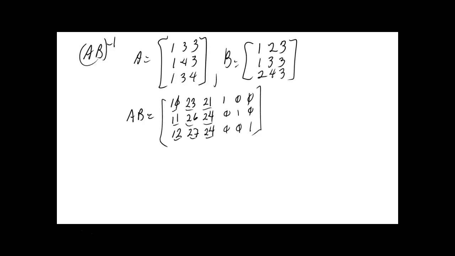Alright, so we can add row 2 to row 1. Or wait, no. I was thinking we could do negative row 2 plus row 1 and then multiply row 1 by negative 1.